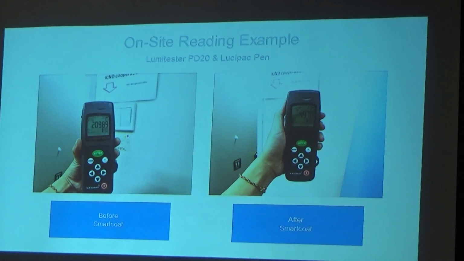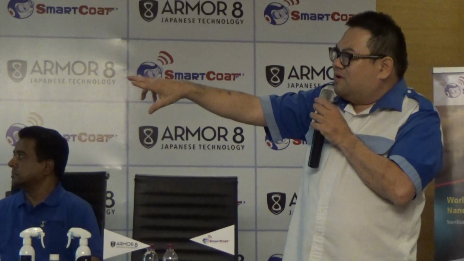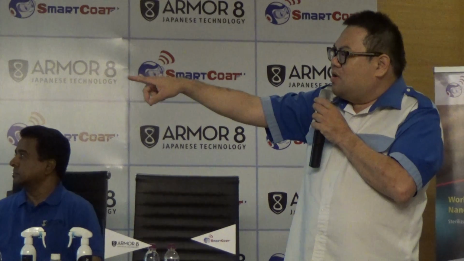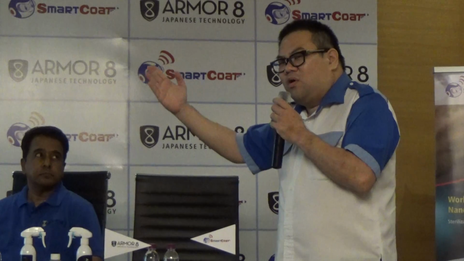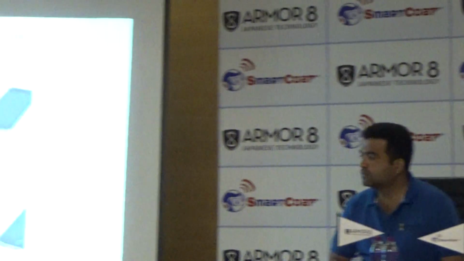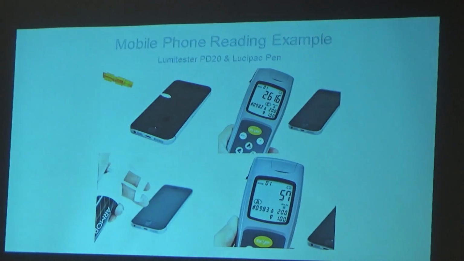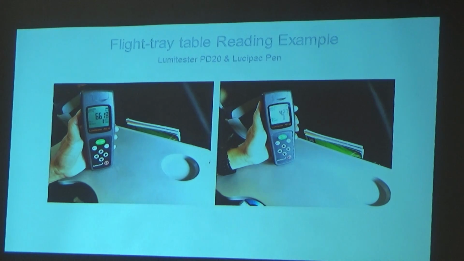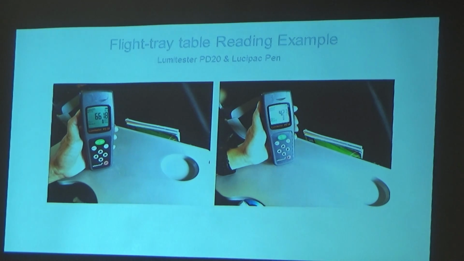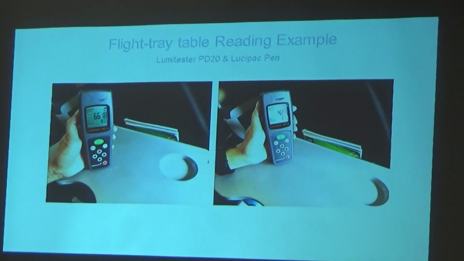But after 15 minutes, it went down from over 20,000 to 4,000 something. But you see that if you go longer, it will go lower. Next, this is a phone, before and after. This is a tray on the airplane. Actually, airplanes are also quite dirty.